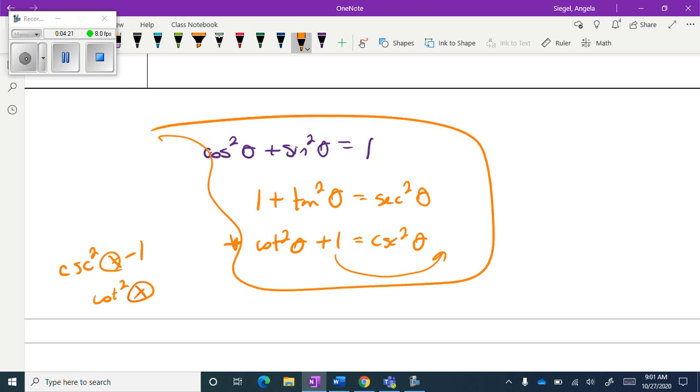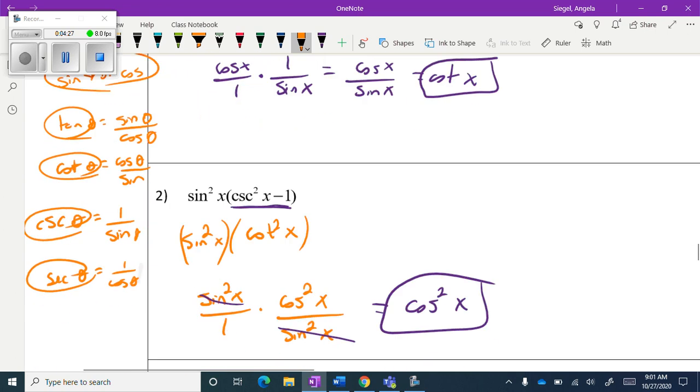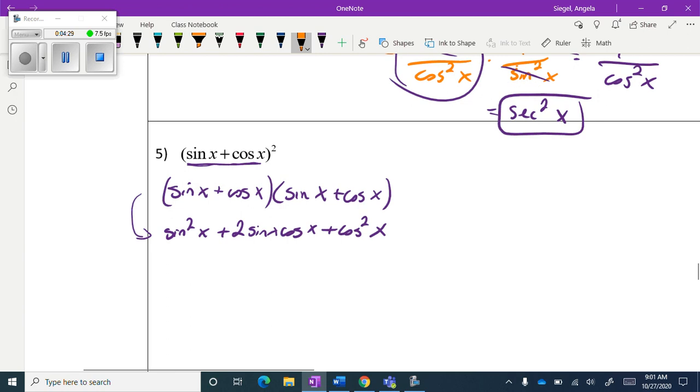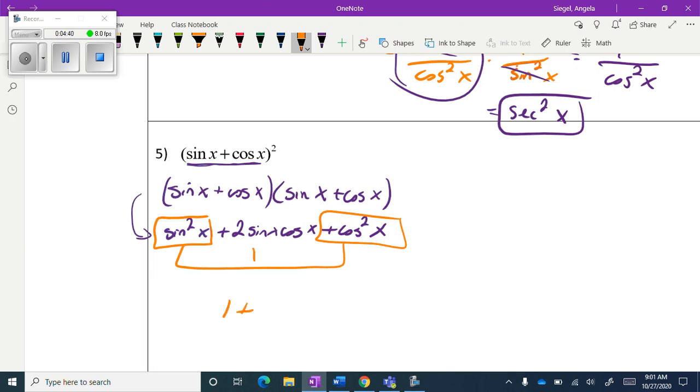So I'm seeing, how can I make that problem down there work? And so I see this. So let me show you what I'm seeing. Do you see I have this sine squared theta plus cosine squared theta? So I know that mama identity is 1. So my answer is going to be 1 plus 2 sine of x times cosine of x.